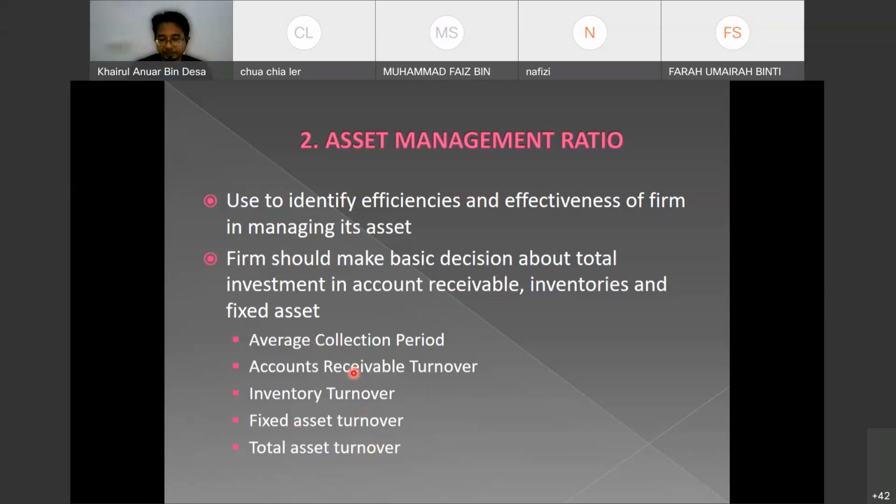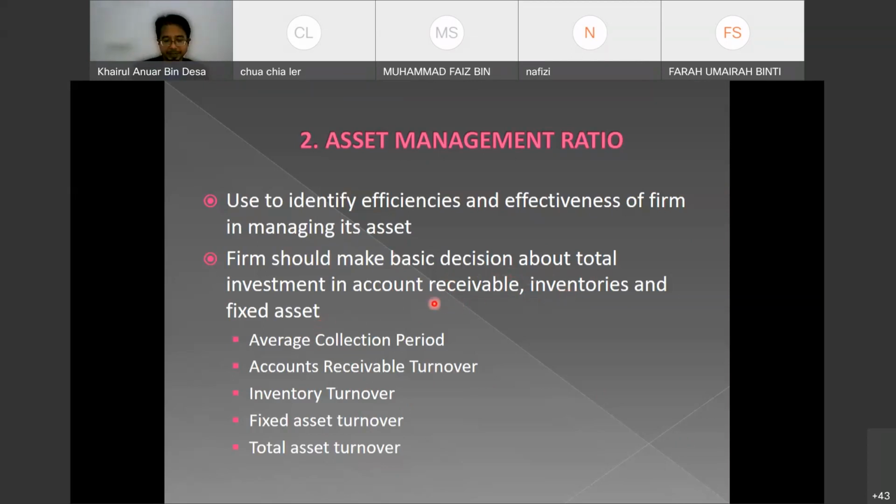Okay, you as a financial manager, apa tugas you? Tugas you adalah to make decision about the total investment in account receivable, inventories, and fixed asset.